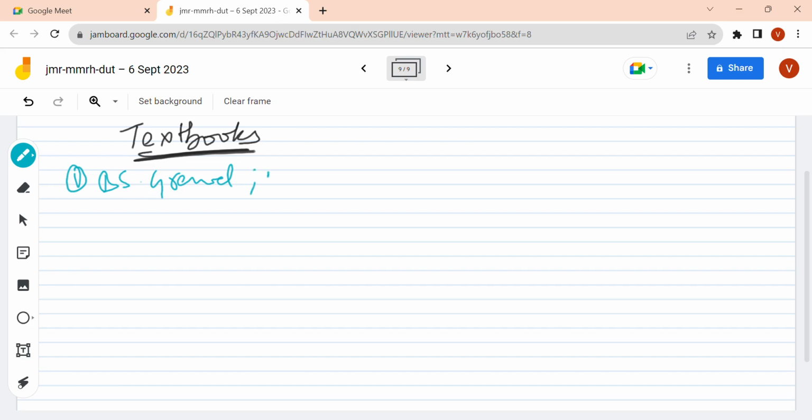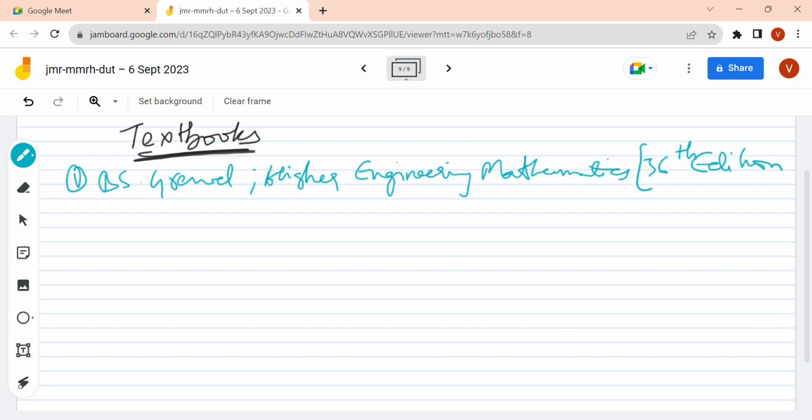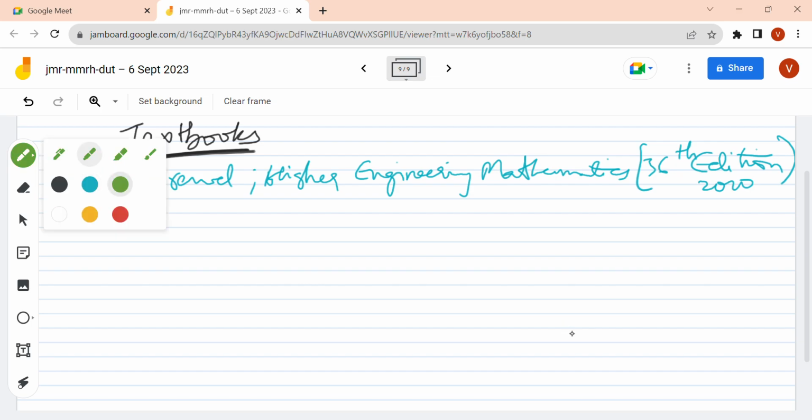It is nothing but your Higher Engineering Mathematics. It's the 36th edition, the latest, and you can buy an older one, some 2010 or something. From that series you can buy any one, even if it's not updated, not an issue.